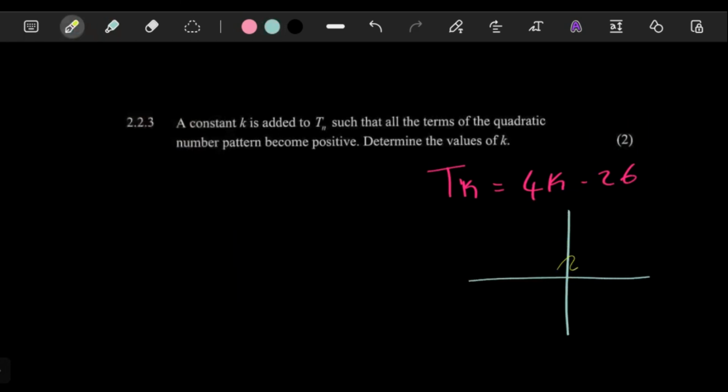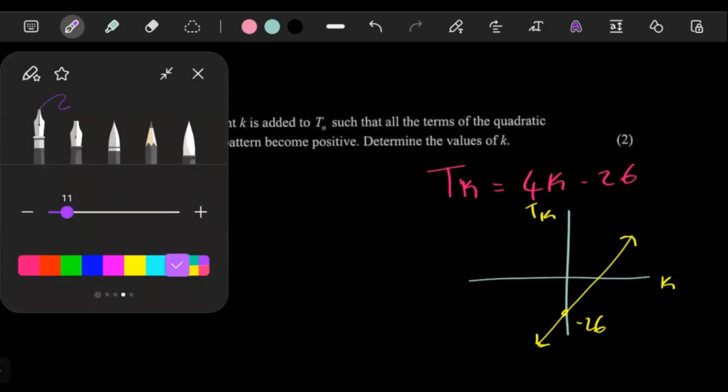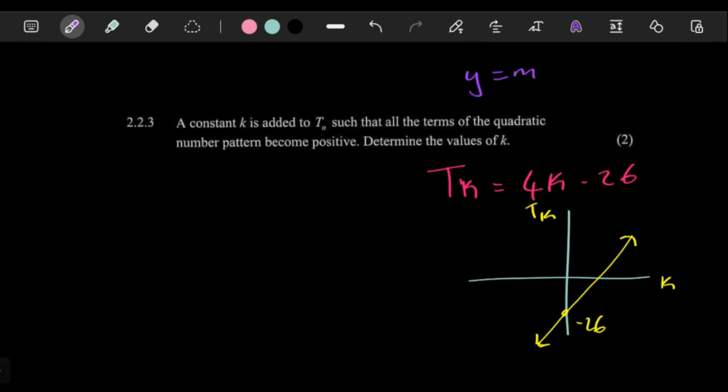You see, it has a y-intercept of negative 26, right? It's a positive straight line graph, so it's going to look something like that. So you want to think of this as k represents the x-axis, and Tk represents the y-axis. That's all this is, because if you want to look at it like a straight line equation, it's just like y is equal to mx plus c. Or let's just say it's the same as saying y is equal to 4x minus 26, like that.